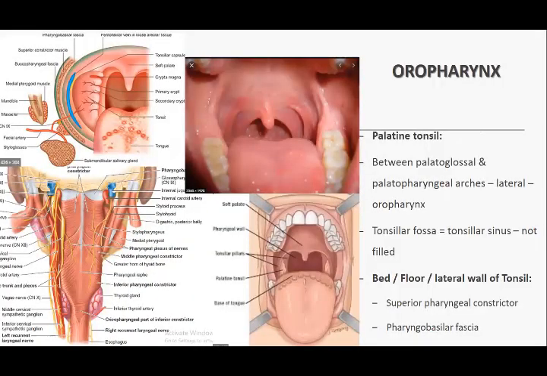अच्छा जी, if you open your mouth and look at the inside of your mouth in a mirror, this is what you see. This hanging structure is called the uvula. This is the posterior most part of the soft palate. ये soft palate है, and this is the posterior most part of the soft palate, which is called the uvula.